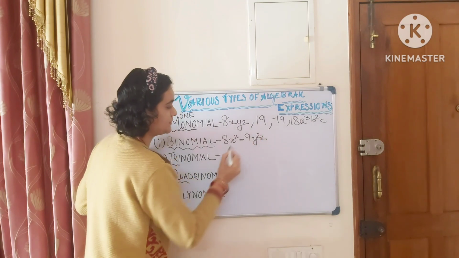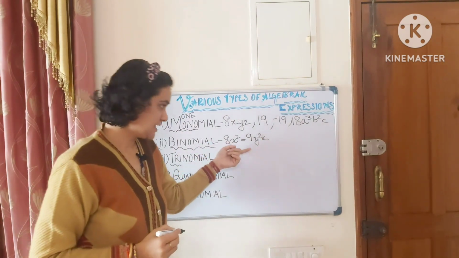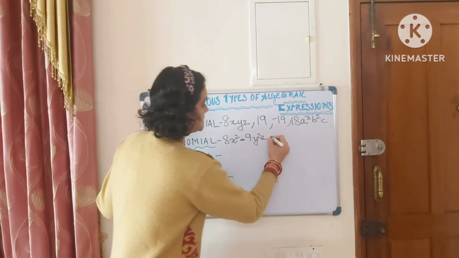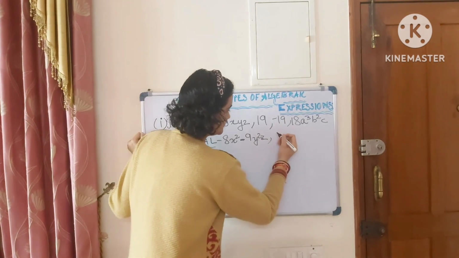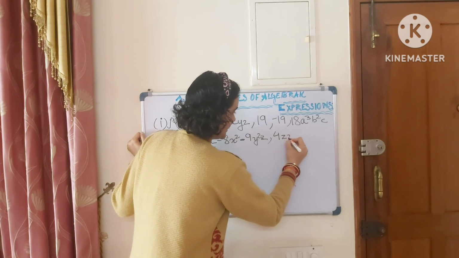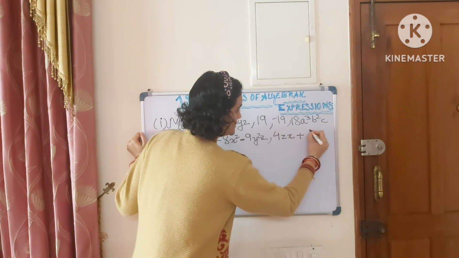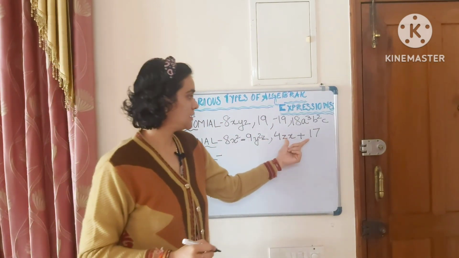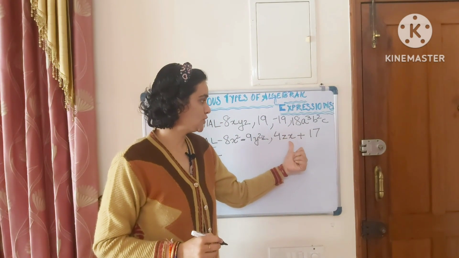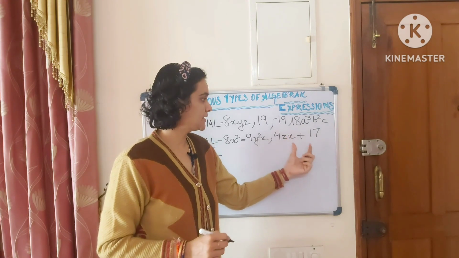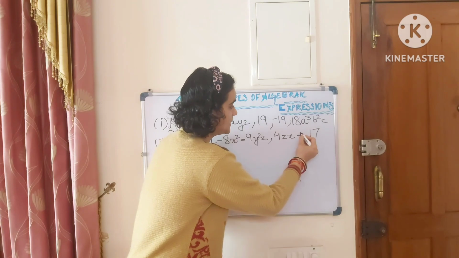I am taking a random example, but this is an example of a binomial. Now let's take another example, 4zx plus 17. This is also a binomial because this algebraic expression has got two terms, 4zx and 17, which have been brought together by this plus sign, right?